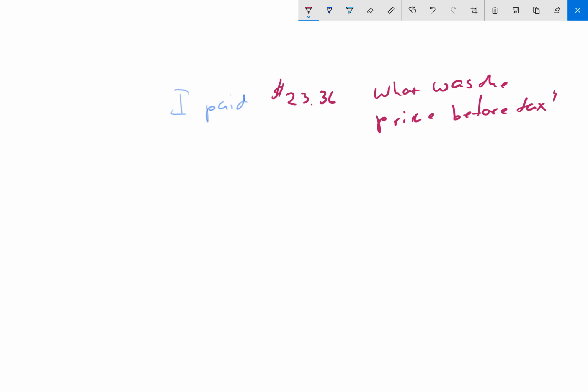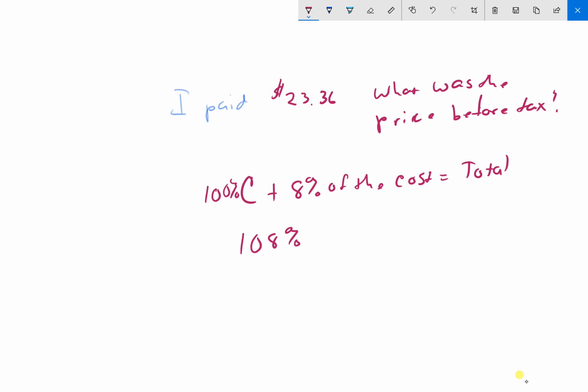Well, in order to do that, let's see. It's the cost plus 8% of the cost equals the total. So I'm going to pay 100% of the cost, because you have to, plus 8% of the cost, which means I'm really paying 108% of the cost. And that equals the total.